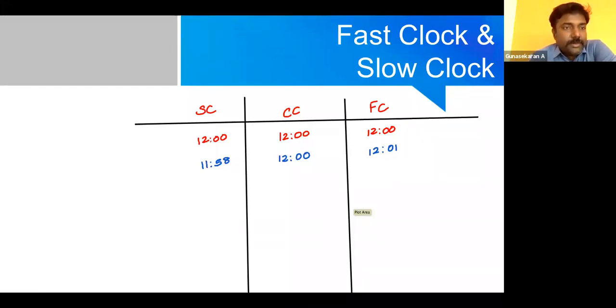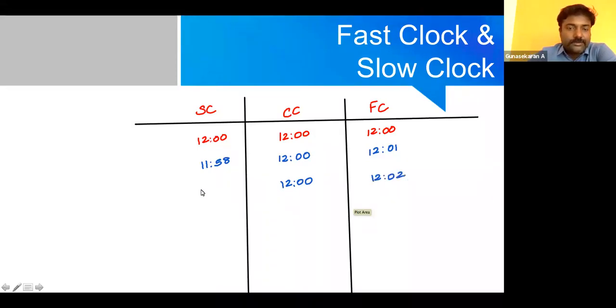Understand? The beauty of clock is if it happens once means in the same frequency only it will keep on increasing. Next day, if it shows 12, what the fast clock will show? 12:02.